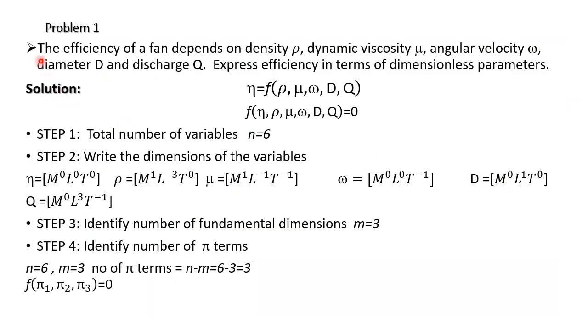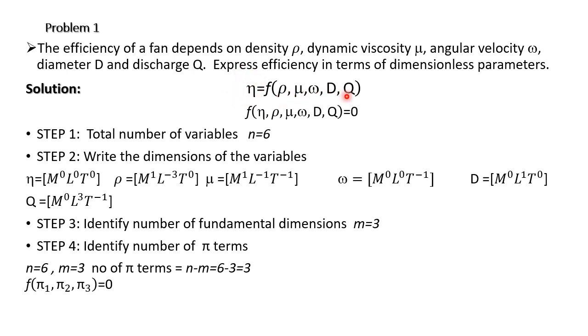The efficiency of a fan depends on density rho, dynamic viscosity mu, angular velocity omega, diameter d, and discharge q. Express efficiency in terms of dimensionless parameters. So in this problem, he says efficiency depends on all these 5 parameters.